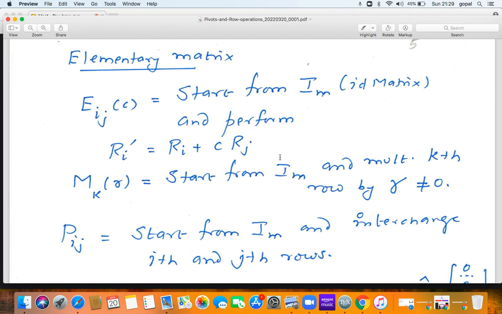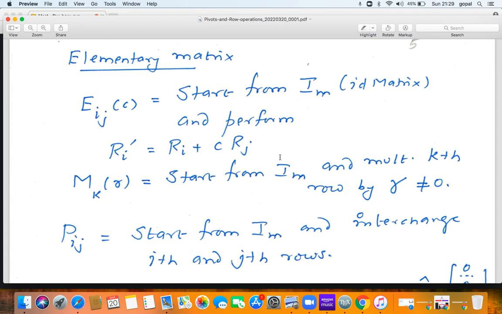Now similarly, look at the elementary row operation of exchanging the ith and jth rows. Do this operation to the identity matrix of size m cross m.